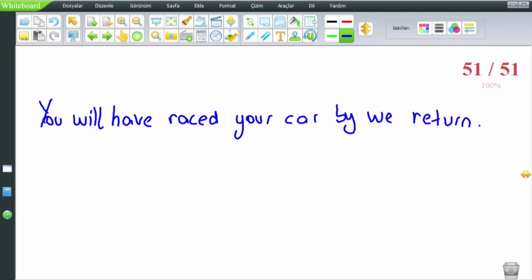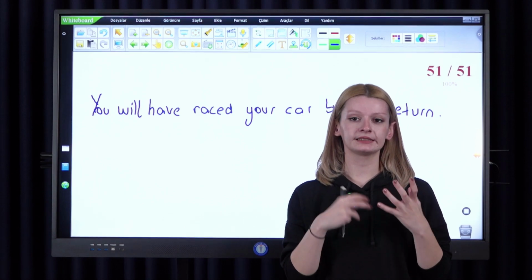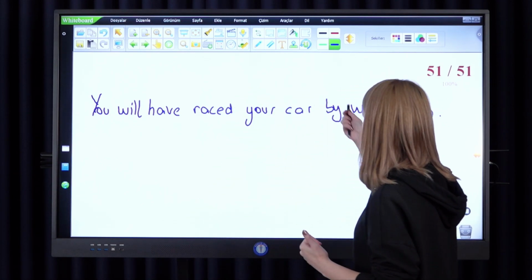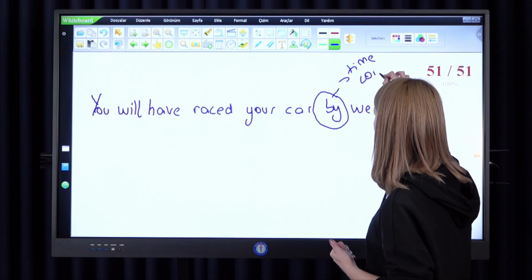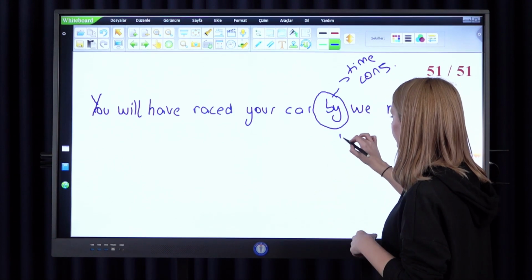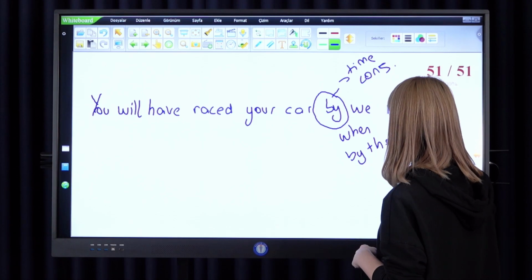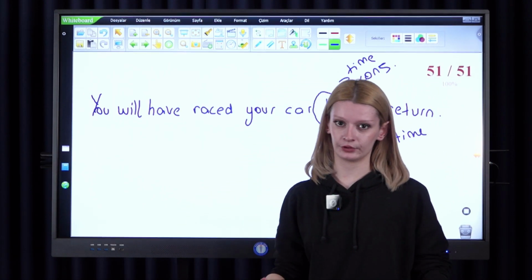You will have raised your car by we return. By the way, the time tense harmony rule also stands for by. We always seek tense harmony when we're looking at time conjunctions, like by, when, by the time, the ones that we use for future perfect, for example.